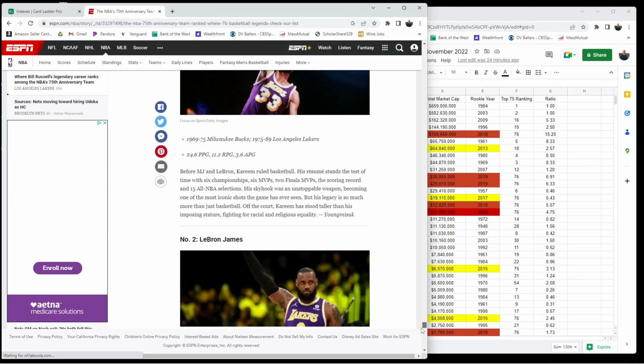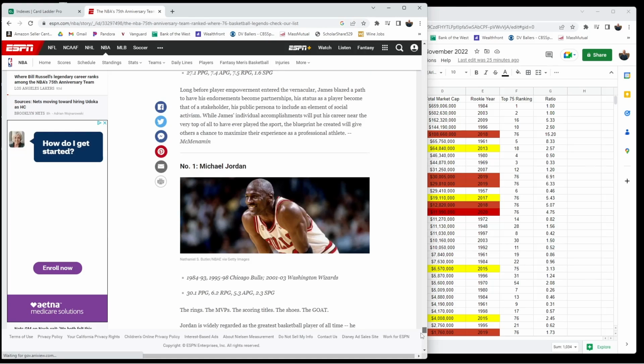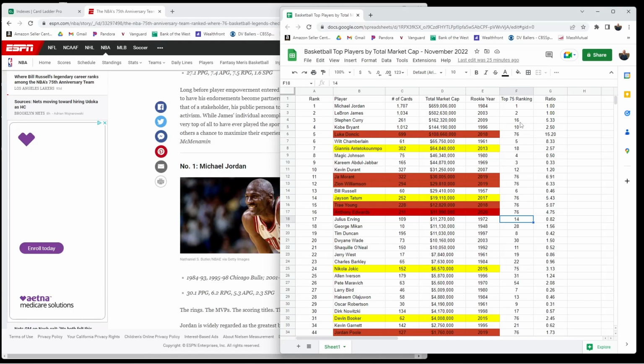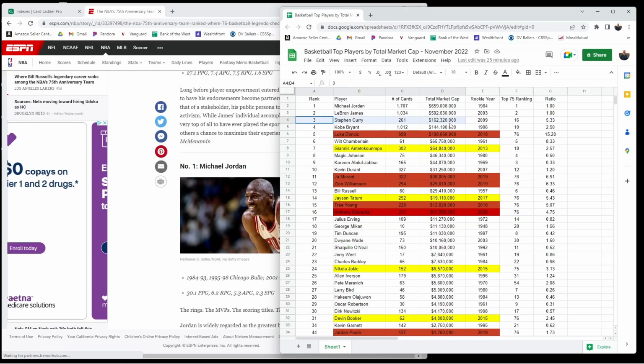So then you just go down, and I just start plugging this into here in their ranking. And then what I did is I took their ranking, where they're ranked all time on the GOAT list, and where they're currently at market cap wise.